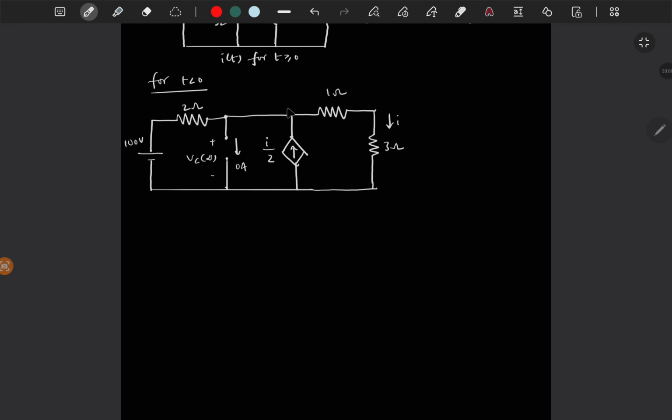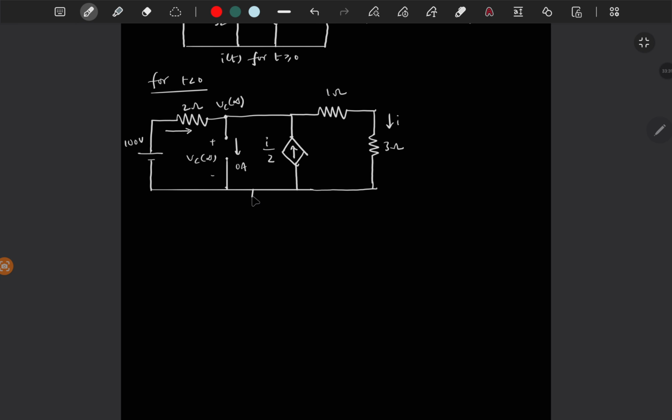So if you know about nodal analysis, then it is simple. So here I have Vc of infinity, right? Even without nodal analysis, you can solve this one. If this is Vc of infinity, the node voltage is nothing but the voltage at this point with respect to any reference in the circuit.